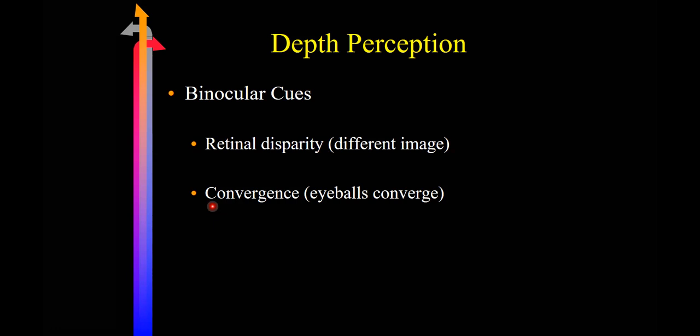What you will find is their eyeballs will converge. Converge means to angle together. And so the closer it is, the more the eyeballs angle together, converge. Our brain, again, analyzes that convergence of the eyeballs to give us a sense of how close or far away the thing is.